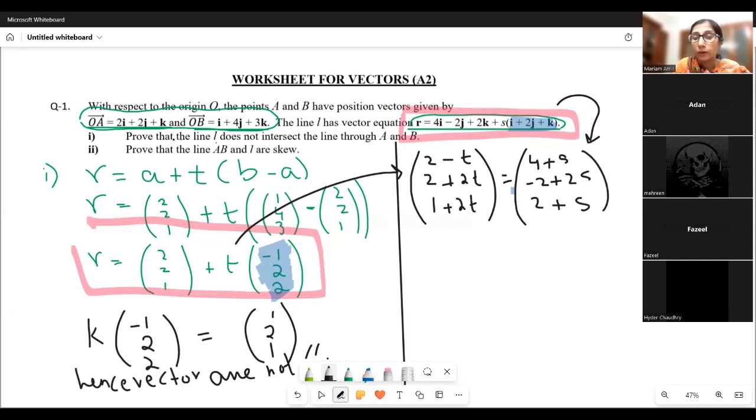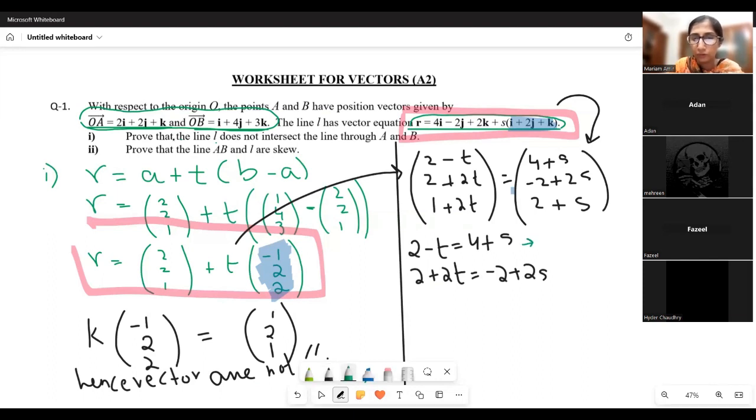Okay. Now we're going to solve these simultaneously. 2 minus t equals 4 plus s, and 2 plus 2t equals minus 2 plus 2s. The first two equations are sufficient to get the values of t and s. Let's do that. This would give s equals minus 2 minus t.